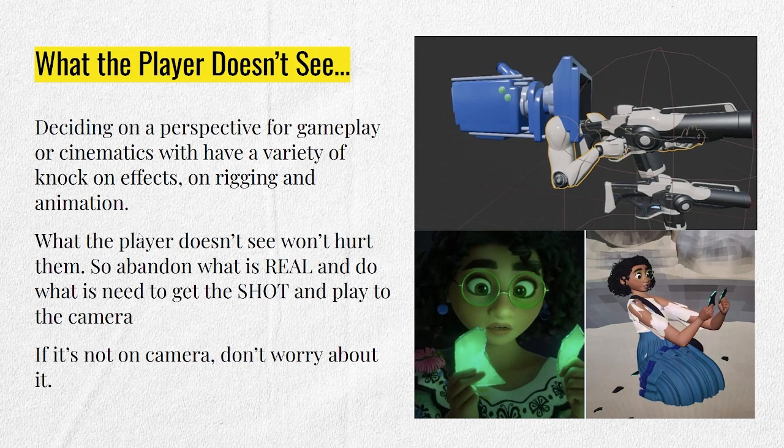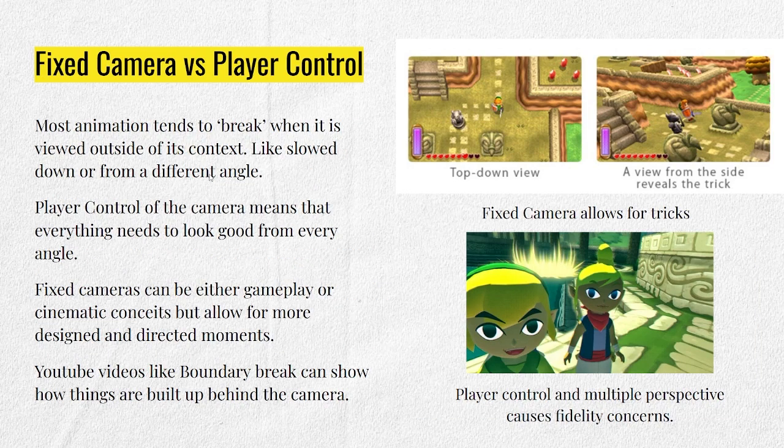Abandon what is real and do what you need for the shot is a piece of advice. Always to camera. Don't worry about it. It's not there. But this does have a lot of rigging and animation knock-on effects. You need to build a lot of that functionality into a rig. You need to do a lot of stuff in that animation. Again, most animation tends to break when it's viewed outside of its context, like viewed from a different angle or slowed down.